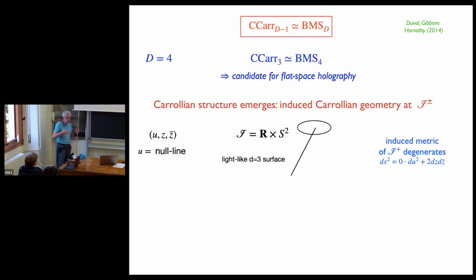You need to do something in addition, but this is the same thing on the celestial sphere: you describe a priori massless particles, but you can also discuss massive particles by extending the celestial sphere to some AdS3 space.